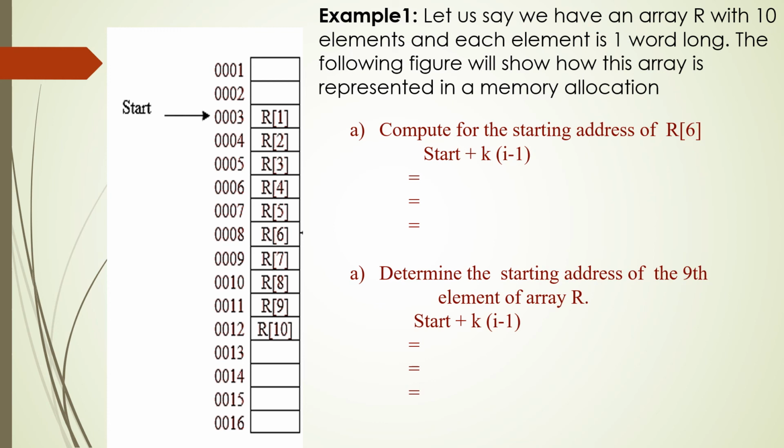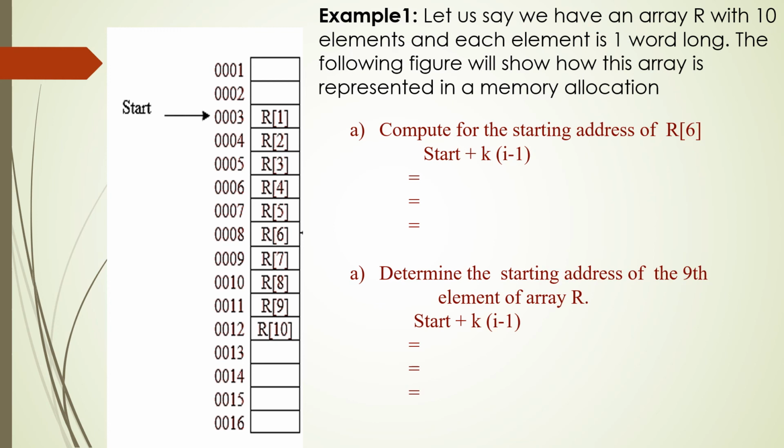I mean, in my simulation, I just have it from 001. Okay, 0001. Although we could have different values. Anyways, it is stated here that the first element is at address 0003. Okay? Now, the first element is stored at address 0003. Okay?